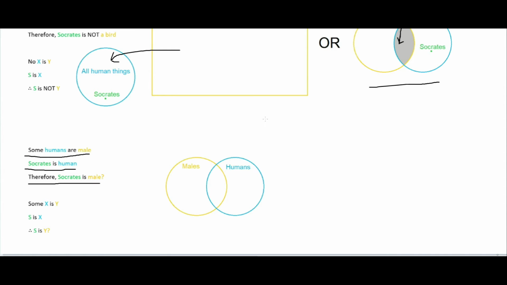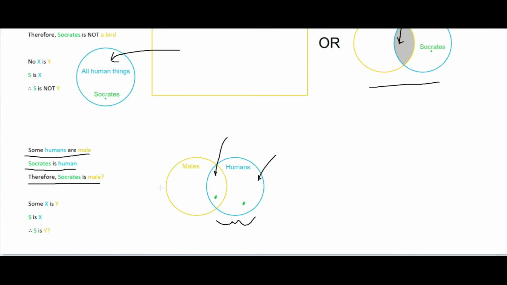We are saying that some humans are male, so it is possible that there are some in here, and some in here. But all we know is that Socrates falls within the human circle, so Socrates could fall right there, or Socrates could fall right there. So this is not a valid syllogism.